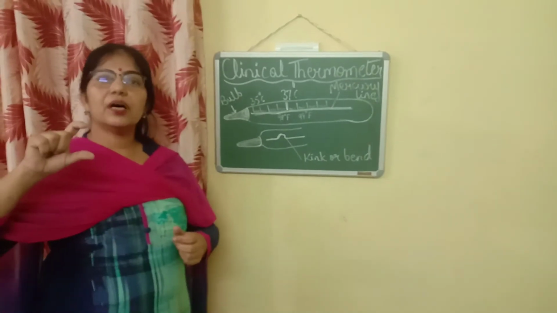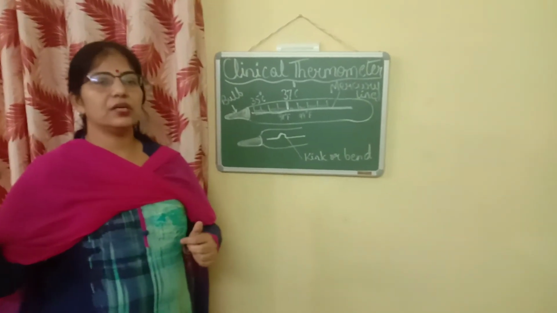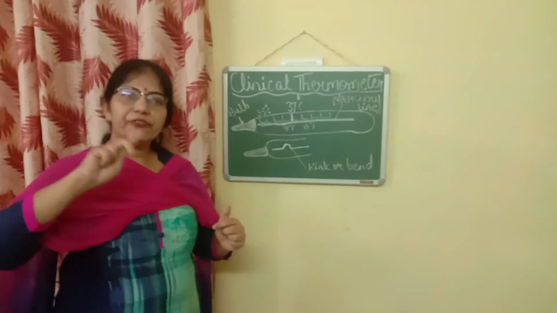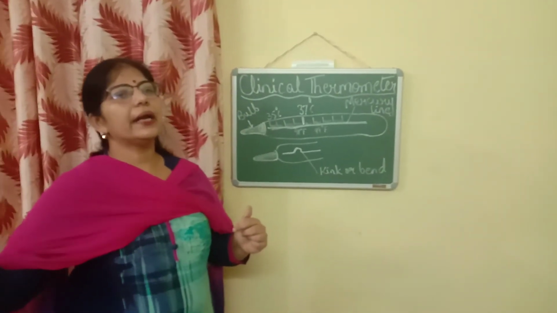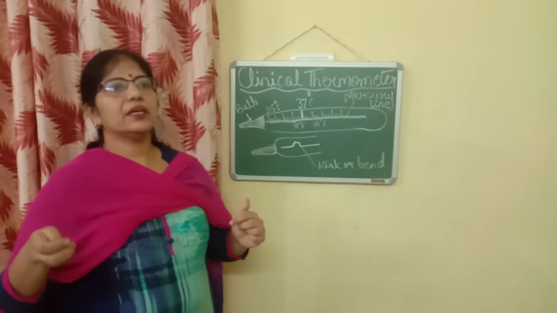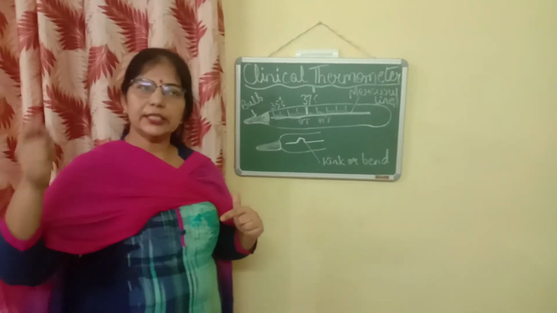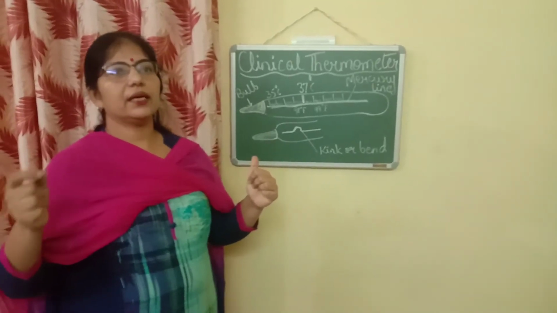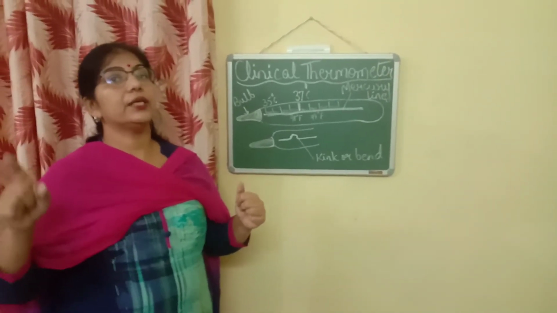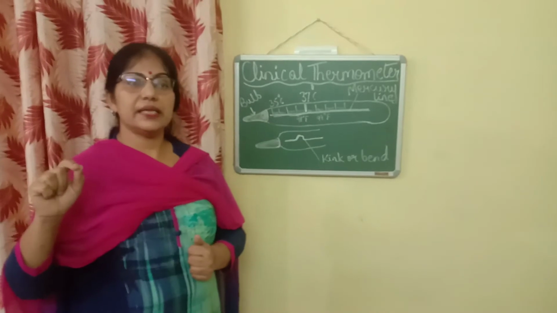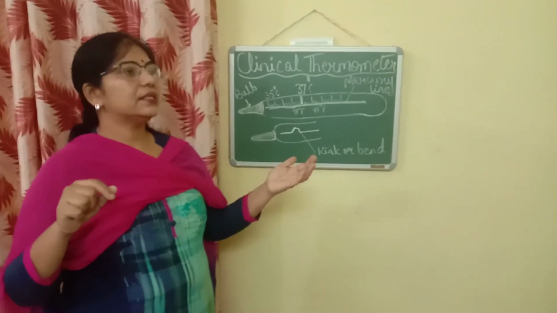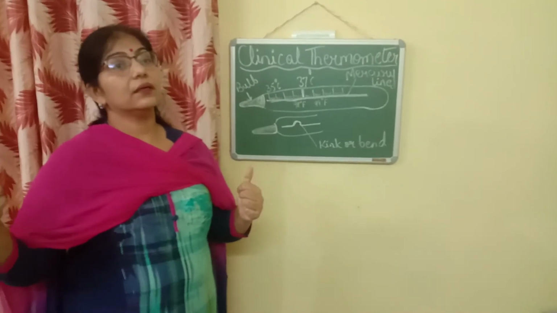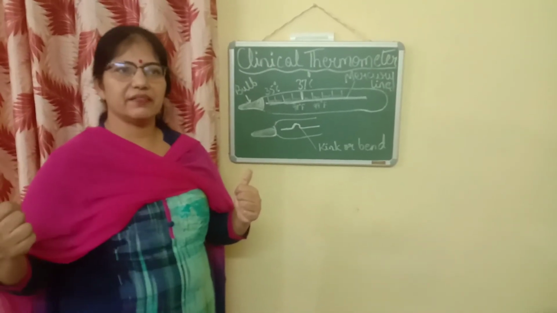Then laboratory thermometers are used in labs, children, to measure the temperature of different substances. The difference is that it is longer than the clinical thermometer. It has a wider range, from minus 10 degrees centigrade to 110 degrees centigrade. The clinical thermometer is a simple device, whereas the laboratory thermometer is a complex device.